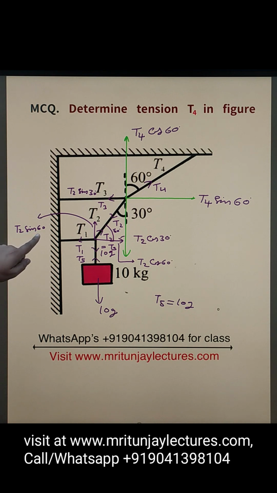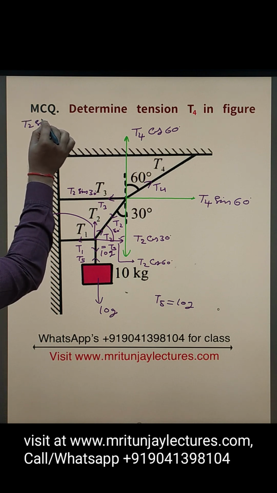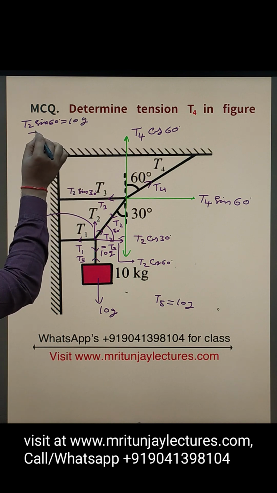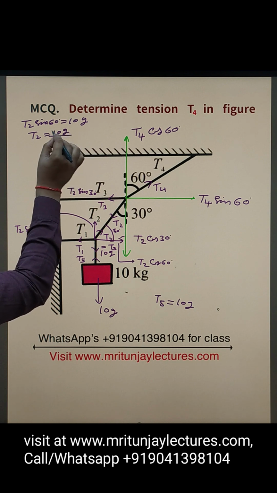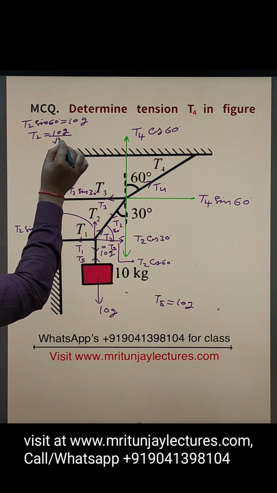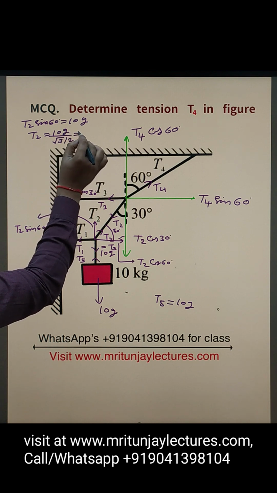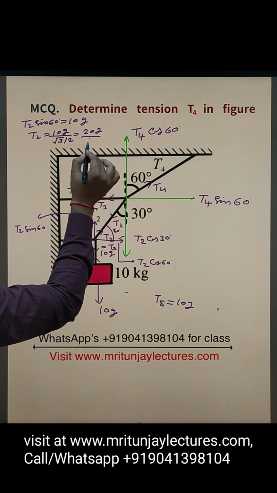T2 sin 60 equal to 10g. T2 sin 60, this will equal to 10g. So T2 is written as 10 into g divided by sin 60, which is root 3 by 2. So basically that one is 20g divided by root 3.